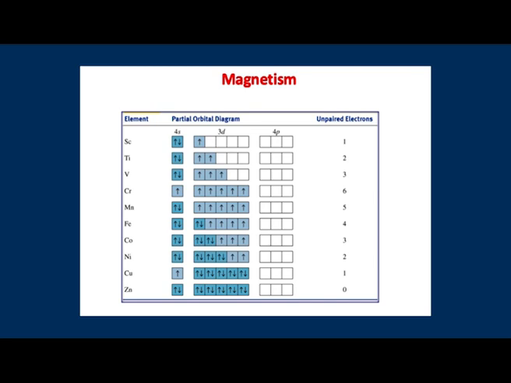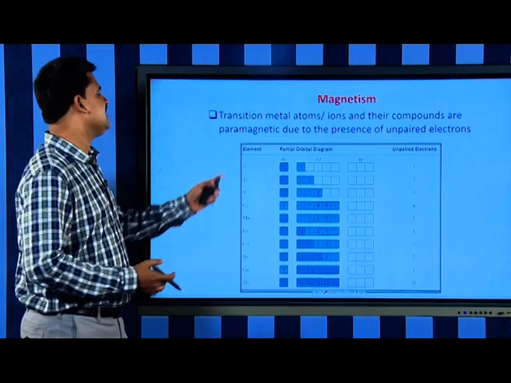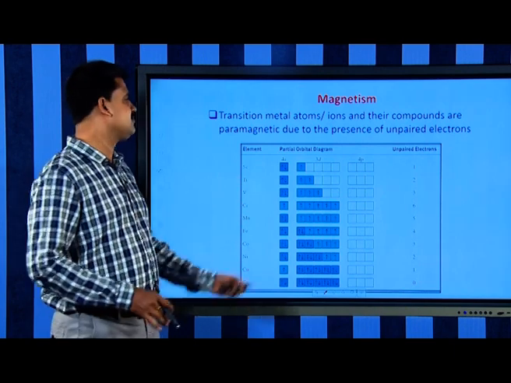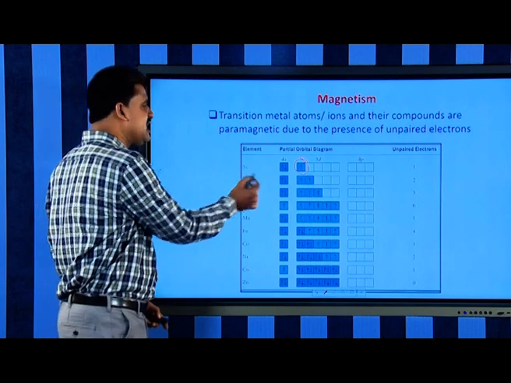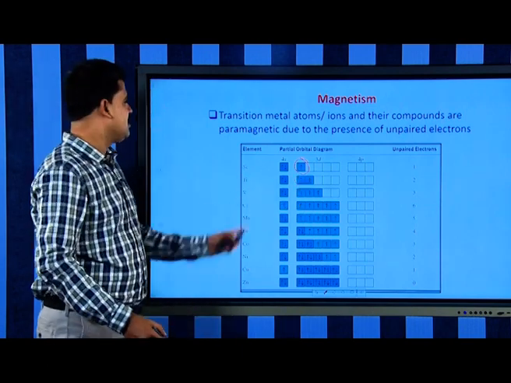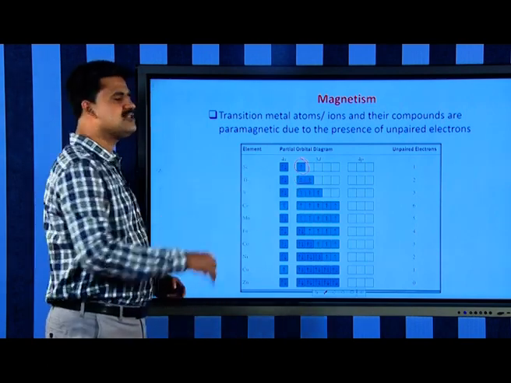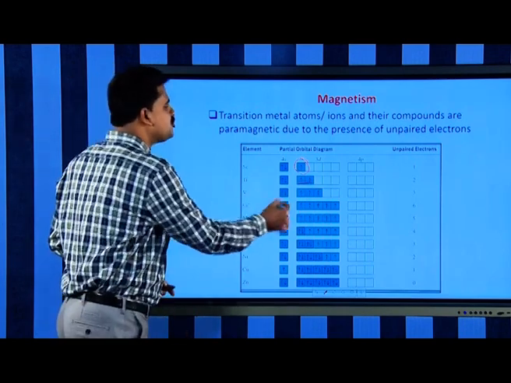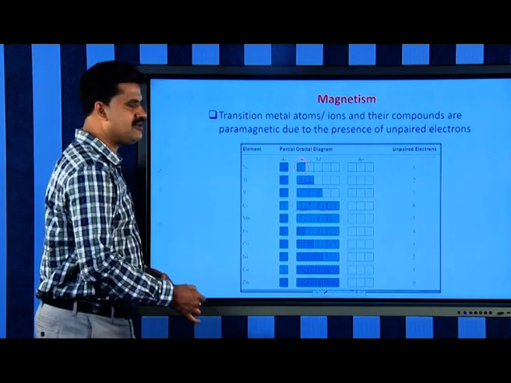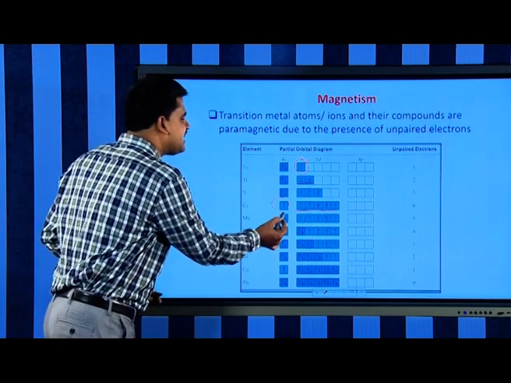And for the 3d series of metals, the electronic arrangement is shown here. In the case of scandium itself, you can see the presence of one unpaired electron. For titanium, the number of unpaired electrons is 2. For vanadium, it increases to 4. Then for chromium, due to its exceptional configuration, it is d5, and also one unpaired electron in the s subshell.